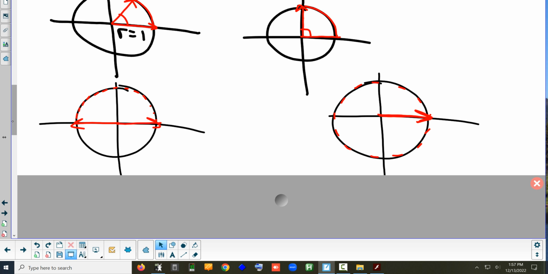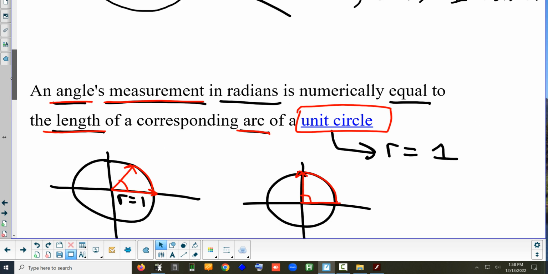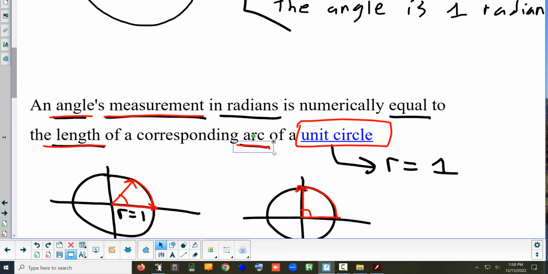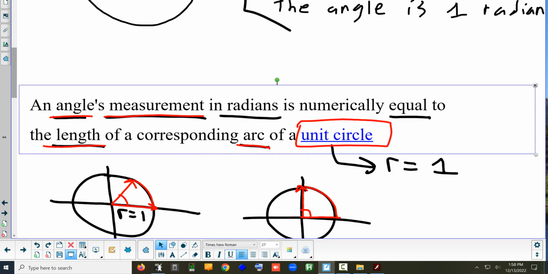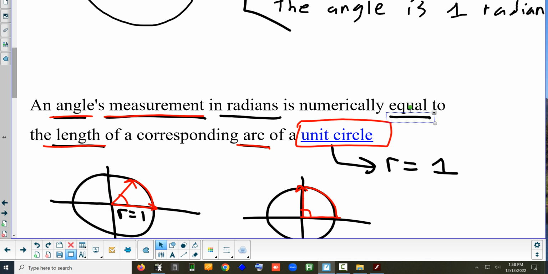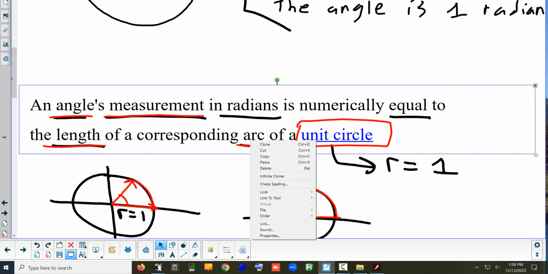Well, with 360, the arc gets pretty big. It's not a quarter circle. It's not a half circle. How big is this arc? It's a full circle. So as long as we can find out the length of a full circle, that's going to be equal to how many radians to go all the way around the circle. We just have to find the length of the full circle.